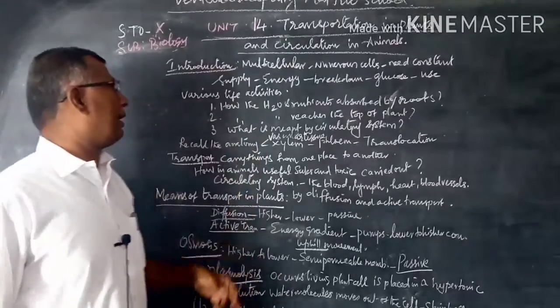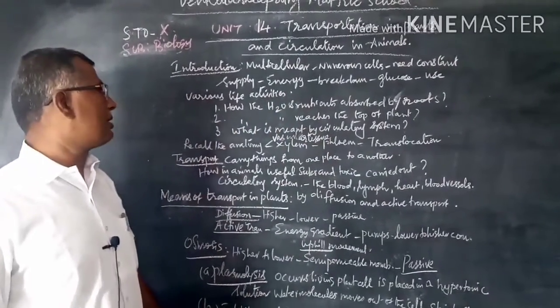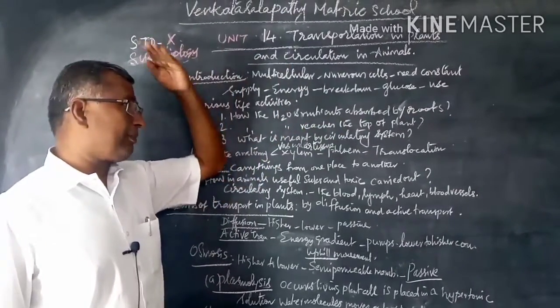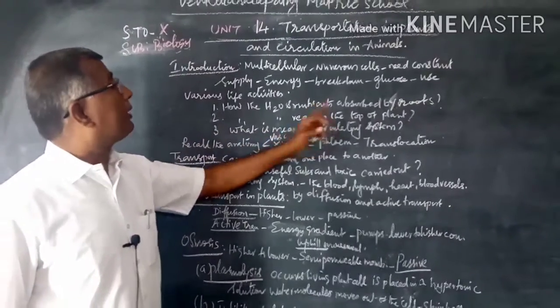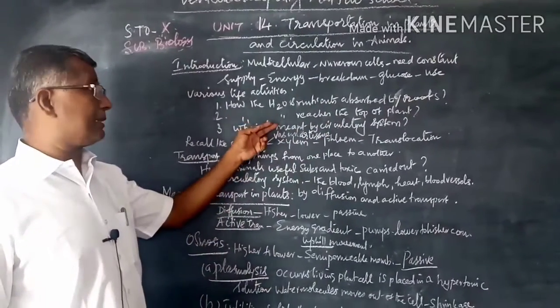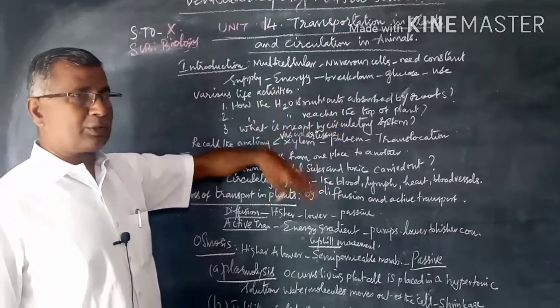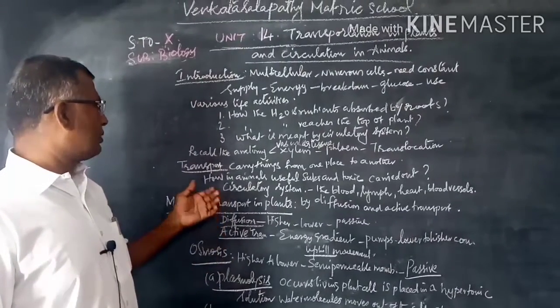Have you ever wondered how the water and the nutrients are absorbed by roots, or how the water reaches the top of the plant, and what is meant by the circulatory system? You may think the circulatory system is present only in animals, but it is also present in plants.